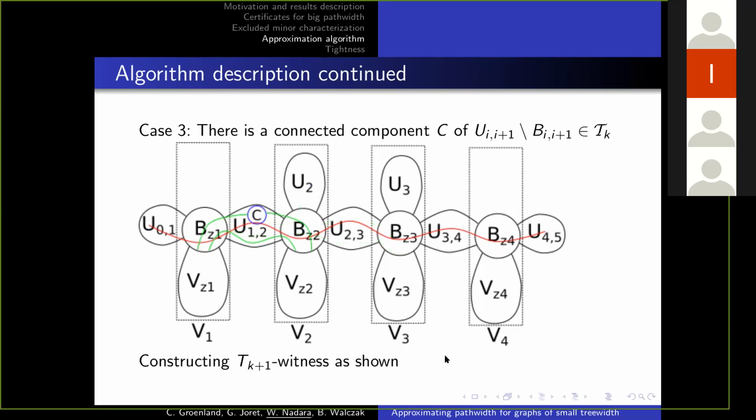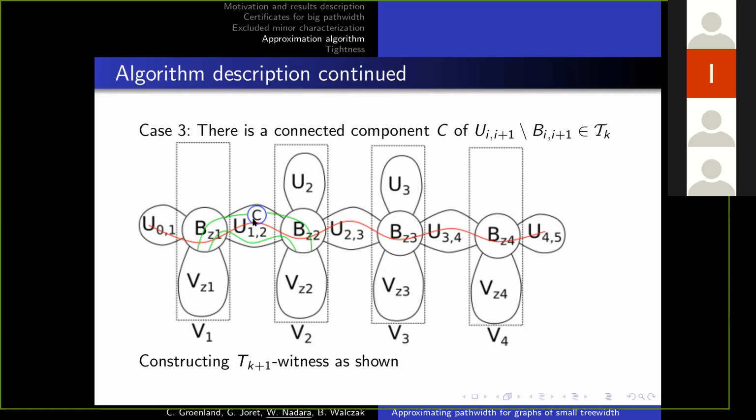And there is another case where this big component lies within U12. Because it doesn't necessarily have to be the case that when we are traversing the red path and restricting to U12, this will cover the whole set U12. There are some vertices from U12 that are not covered by this backbone.